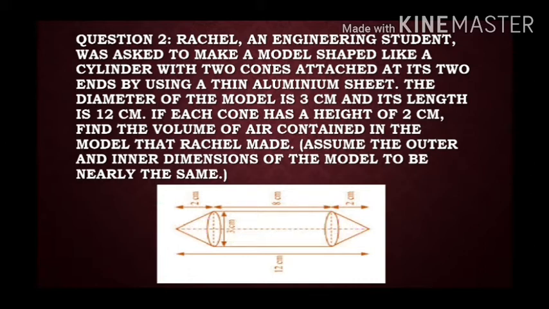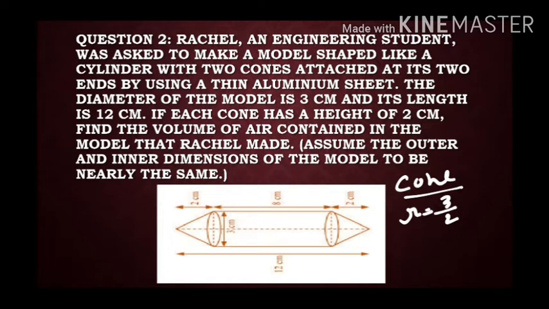Now, it is given that the diameter of the cylinder is equal to 3 centimeter, as well as the diameter of the cone is also 3 centimeter. So, you can write for the cone, radius will be 3 by 2 because diameter is given as 3 centimeter.